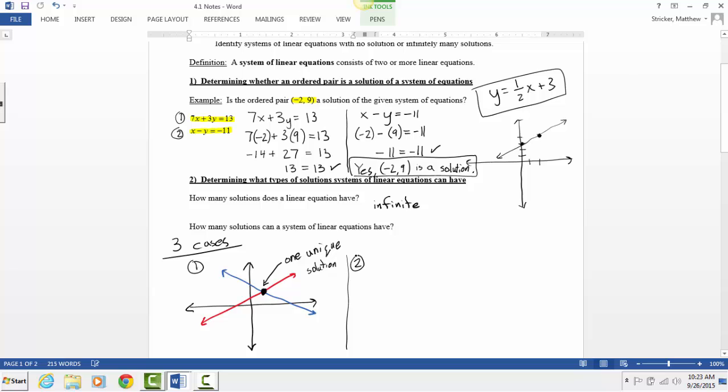Case 2. Again, we have two lines. We have a red line. We have a blue line. These two lines are not intersecting. They are parallel lines.